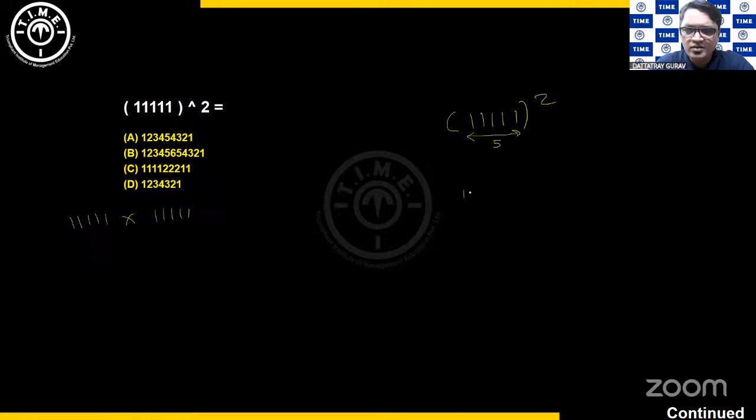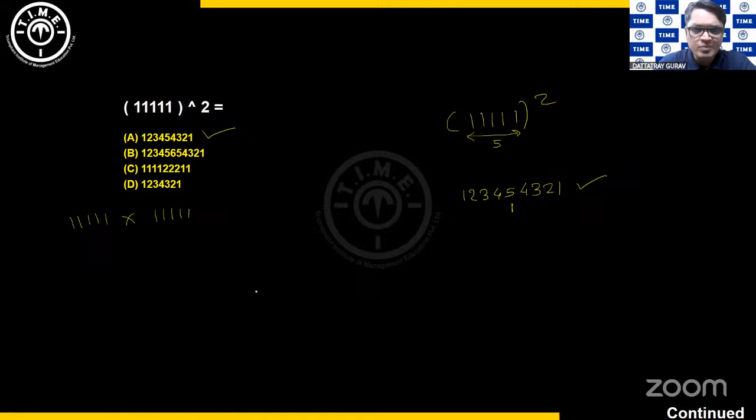Starting from 1, the number goes on increasing up to 5. After 5, the number starts decreasing. This is my final answer. If you look at the options, option A is the answer here. Is the concept okay? But the logic is applicable only for 1. This shortcut, this method, is applicable only for numbers made of 1.